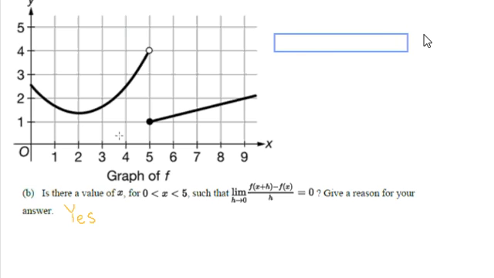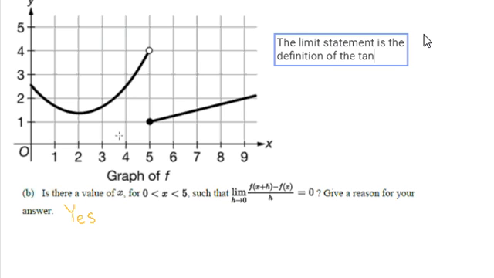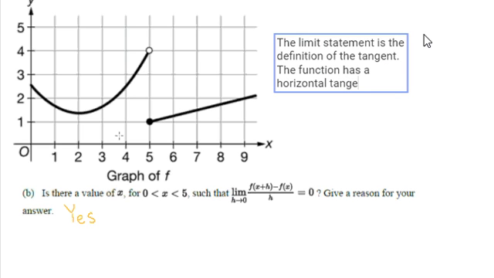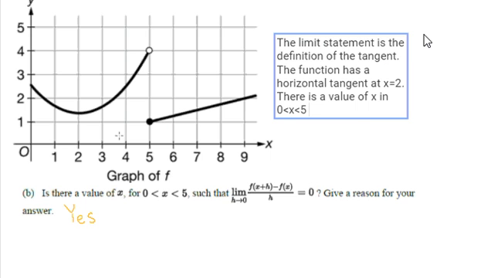All right, the limit statement is the definition of the derivative, the function has a horizontal tangent, so there is an x where the given limit is 0.